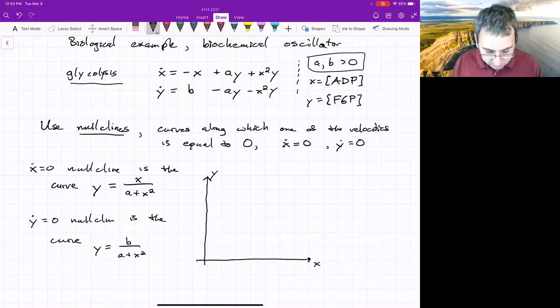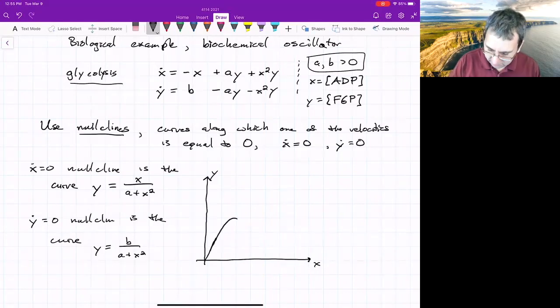The x dot equals 0 curve would be, we have some experience plotting this before. We had something where it was x over 1 plus x squared. So that thing starts out growing and then it shrinks. So we get something that looks a bit like this.